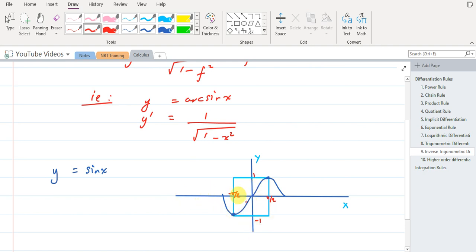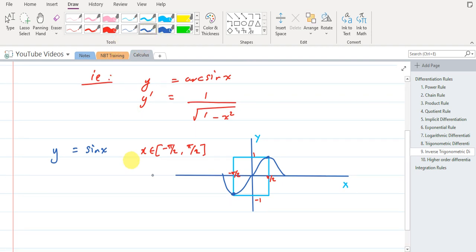Now a restricted sine graph will have an inverse. So I'm restricting the domain to x being an element from minus pi by 2 to pi by 2. Then this function will have an inverse, which we call y is equal to arc sine x.